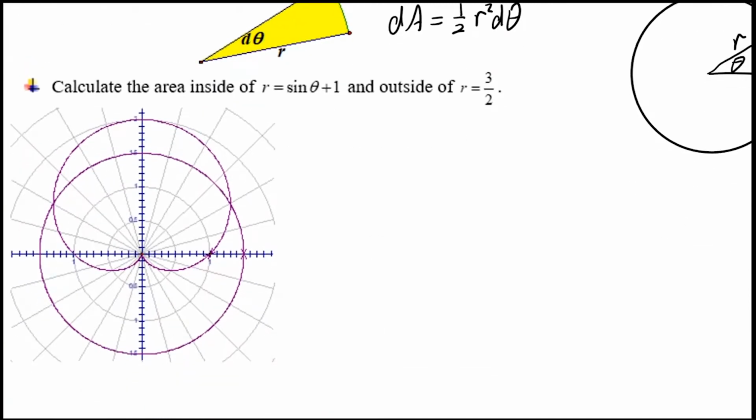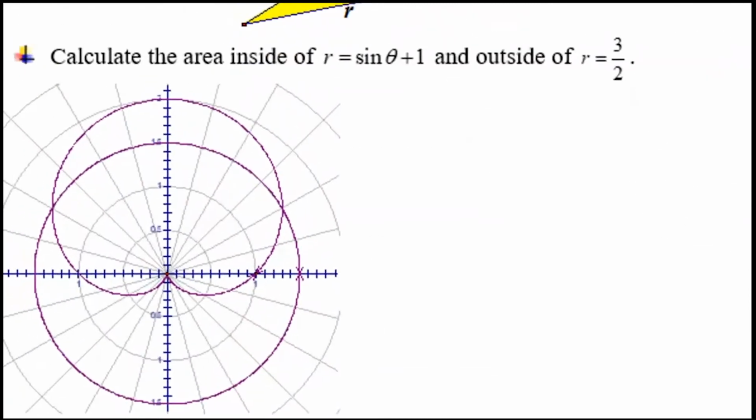Because now we're going to calculate the area inside of this cardioid but outside of the circle. So we are looking at this area right there, that one. How are you going to do such a thing, right?